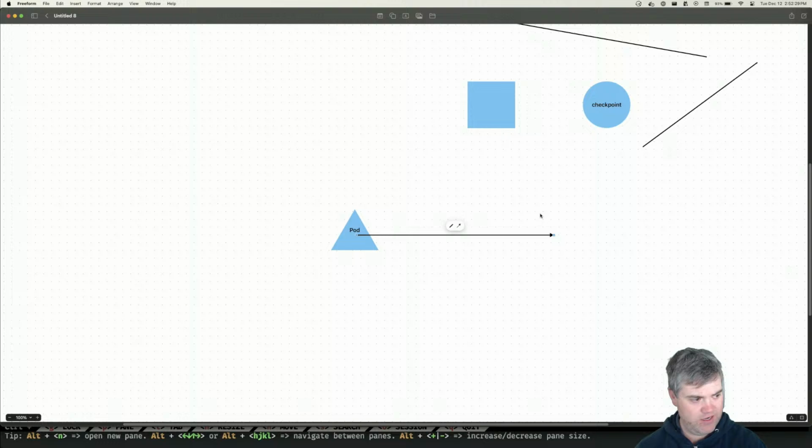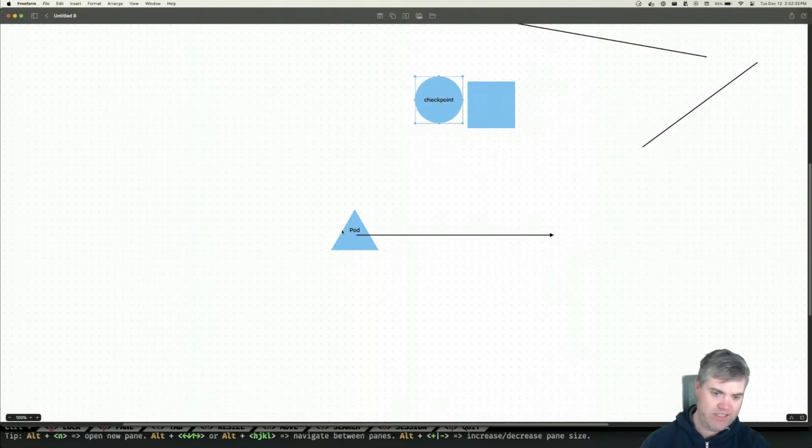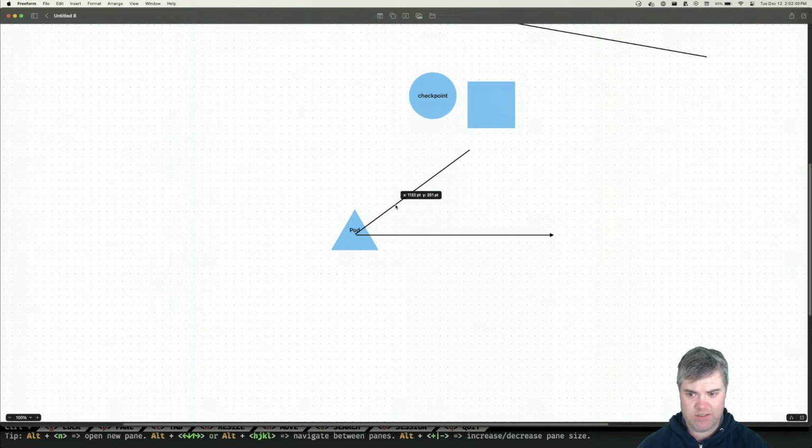If we're 0 degrees, and my checkpoint is up here, so I'm pointing to the right, my checkpoint is here, I want to figure out based upon me pointing this direction, what is the angle to here?